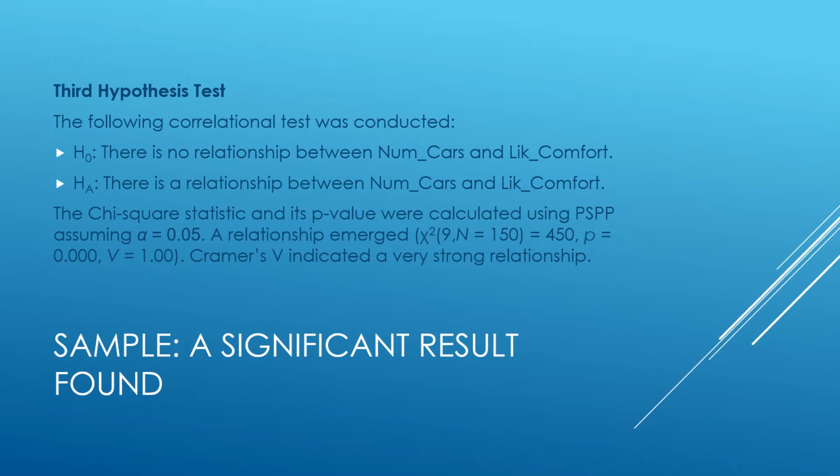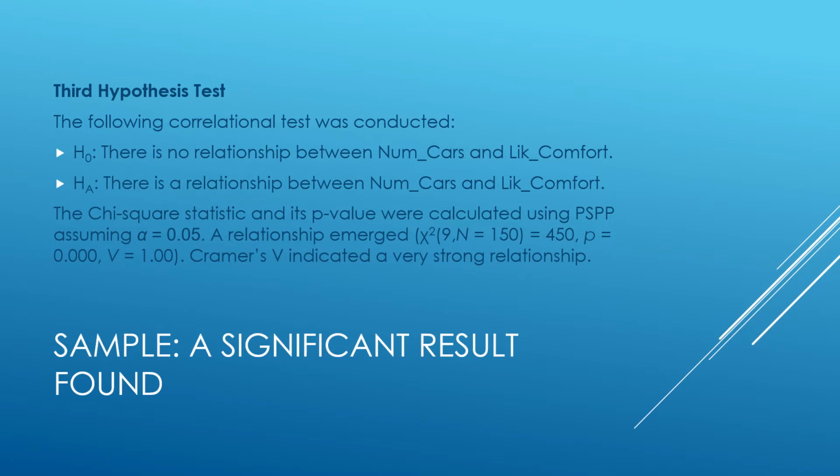In our third hypothesis test, the following correlation was conducted with a null hypothesis of there is no relationship between numbers cars and light comfort, or an alternative hypothesis that there is a relationship between numbers cars and light comfort. The chi-square statistic and its p-value were calculated using PSPP, assuming that alpha equals 0.05.